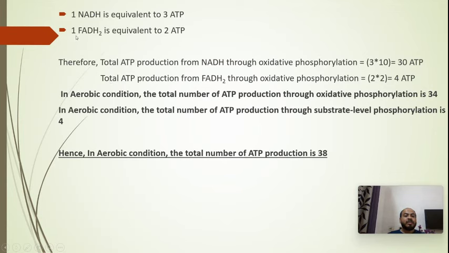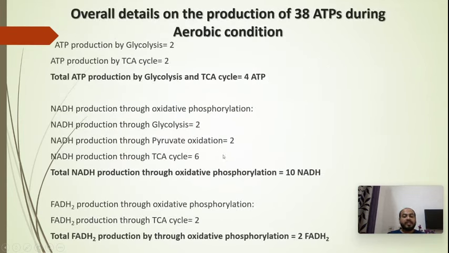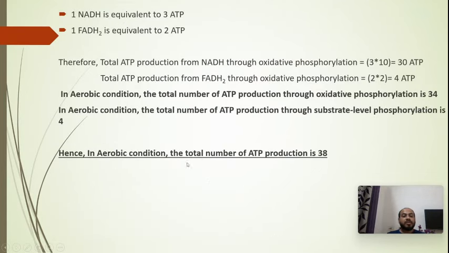Similarly, 1 FADH2 is equivalent to 2 ATP. So how many FADH2 are produced? 2 FADH2. Therefore, total ATP production from FADH2 through oxidative phosphorylation is 2 into 2, that is 4 ATP. So, in aerobic condition, the total number of ATP produced through oxidative phosphorylation is 34.